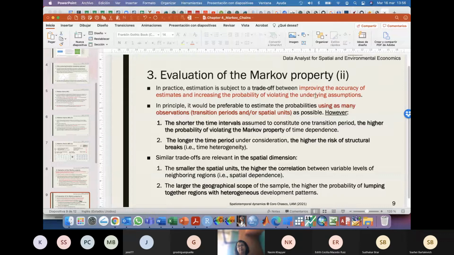Why? Because improving the accuracy of the estimates sometimes means producing more data. How can I produce this data? Sometimes by splitting into more classes, so smaller ones: instead of quintiles, 6 tiles, 7 tiles, 8 tiles, or whatever.